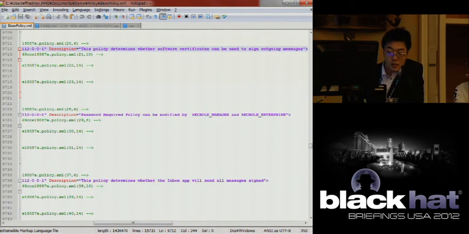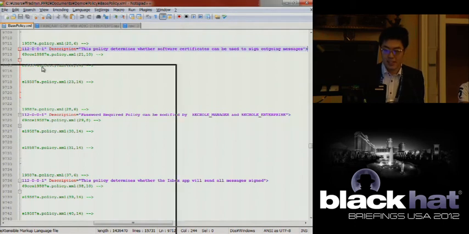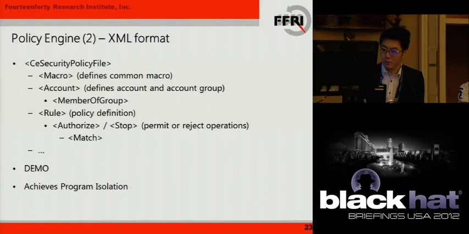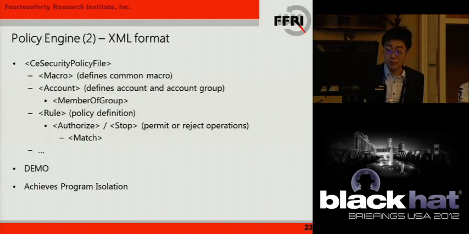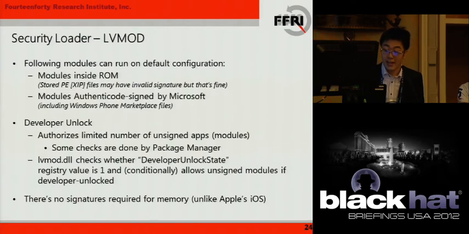So let's move on. There's one more. The security loader verifies executables and modules before you run the applications and load the module. This security loader, LVMod, only allows modules contained in the ROM and modules signed by Microsoft. For instance, all Windows Phone Marketplace files are signed by Microsoft.